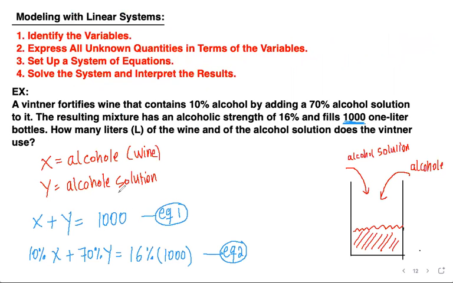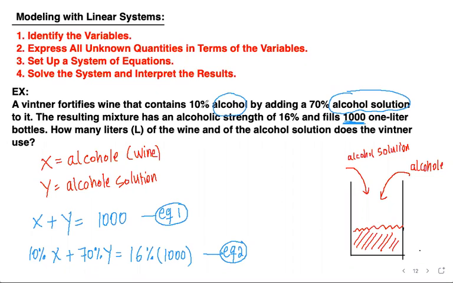So first step, I have to identify the variables. I set x equal to alcohol, and y equal to alcohol solution. If I read the question again, they told me alcohol and alcohol solution is 1000 liters before adding anything. This bottle has 1000 liters of alcohol and alcohol solution before the vendor adds to this wine. So x plus y equals 1000.